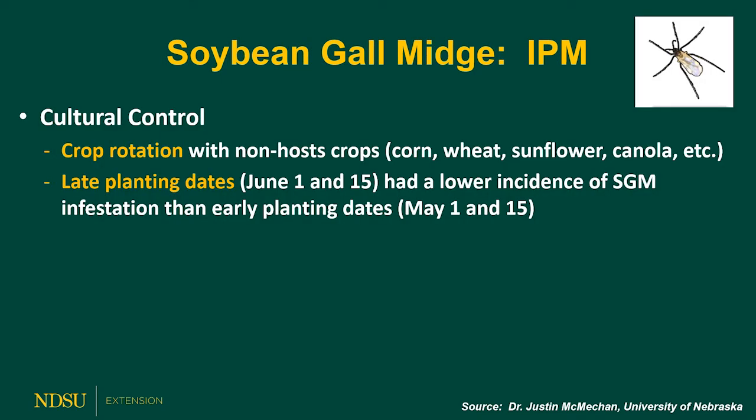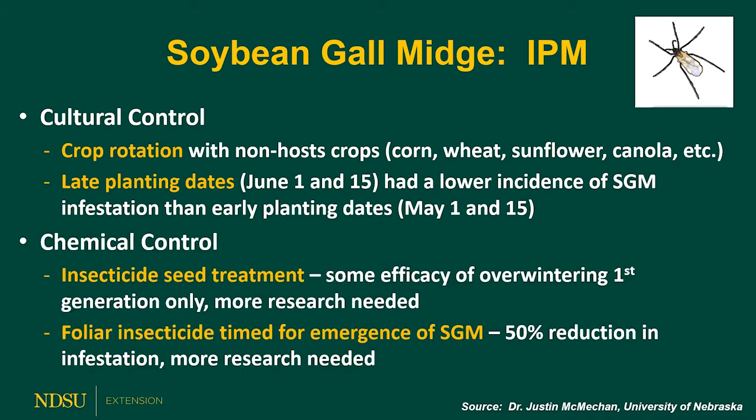Some of the other integrated pest management strategies besides crop rotation are late planting dates in June. This has been shown to have a lower incidence of soybean gall midge infestation compared to earlier planting dates in May. For chemical control, insecticide seed treatments have very little efficacy against the overwintering or first generation.